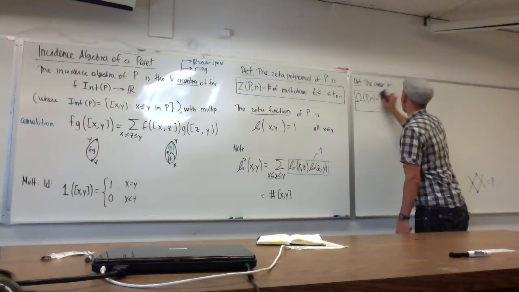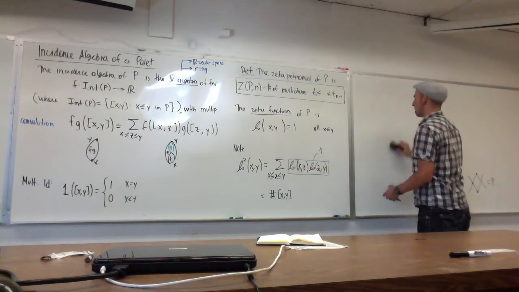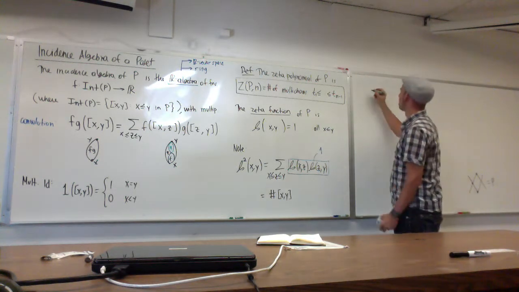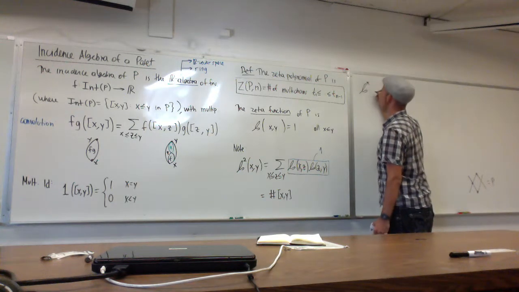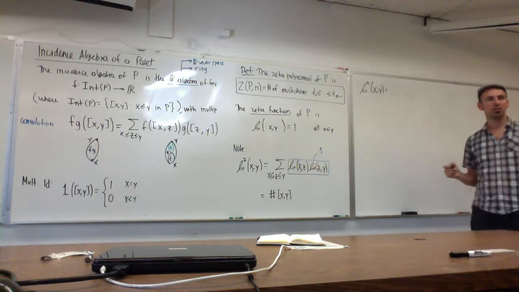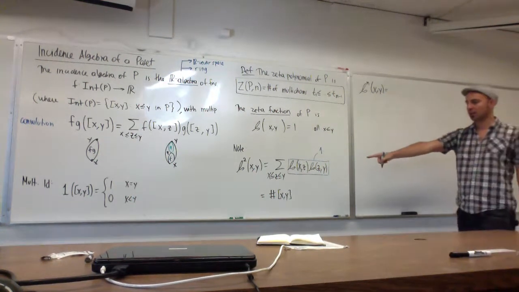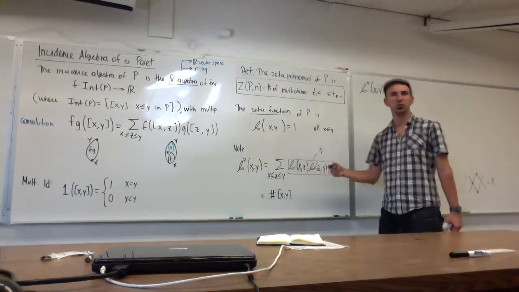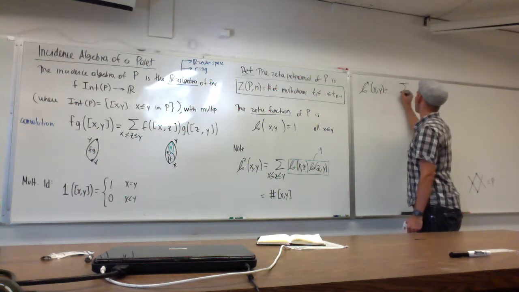But let's take it a step further. What if I take the zeta function to the n? Okay. Then I'm going to get an nth convolution, right? So this is going to look like this.